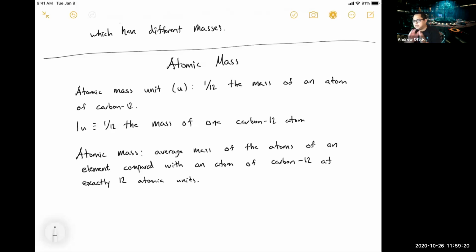It just gives you an idea about the relative abundance, and that the mass you see on the periodic table is much closer to the isotope in greater abundance. But we'll talk more about abundances and what they mean in a problem in a few slides. Okay.